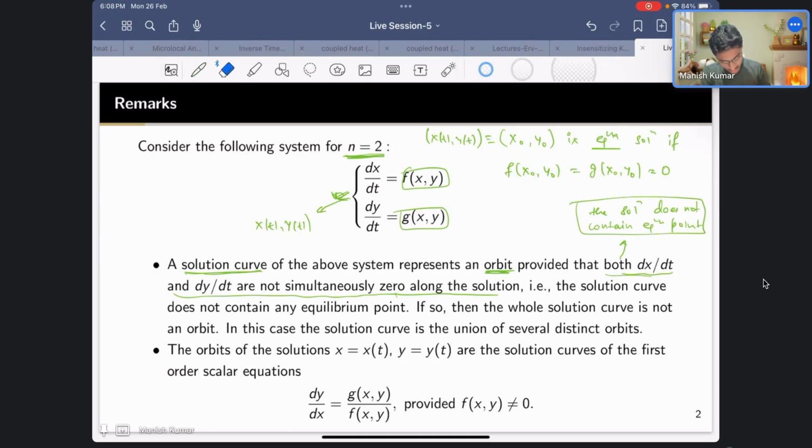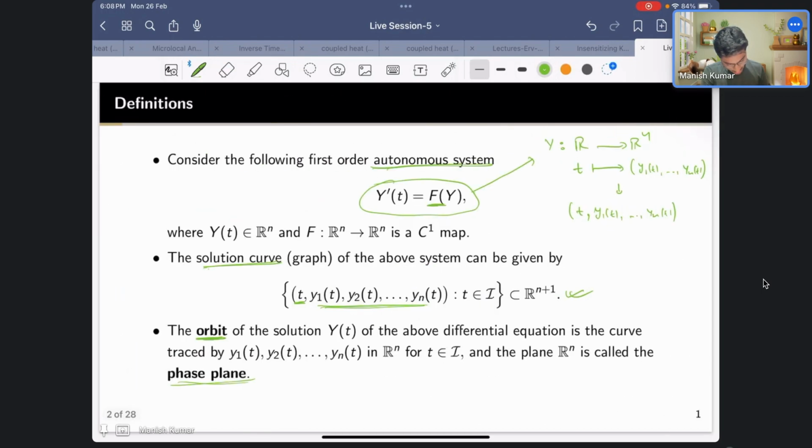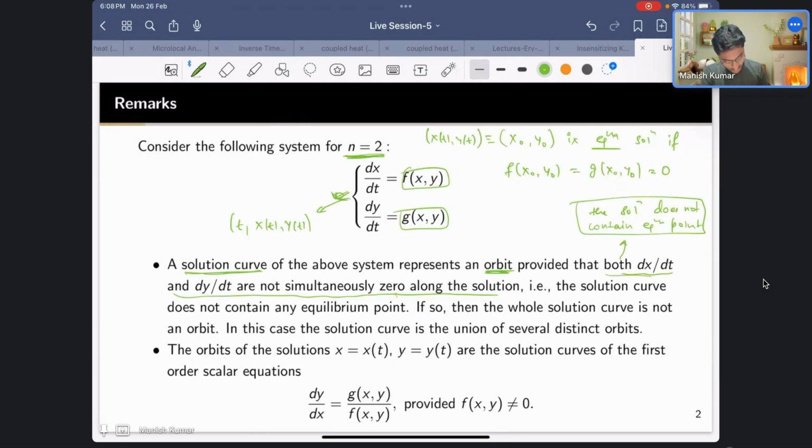You can take t also, since here I defined the solution curve with t. So consider this set in R3. This solution curve is called an orbit if it does not contain any equilibrium points, so that it will not vanish anywhere, correct?